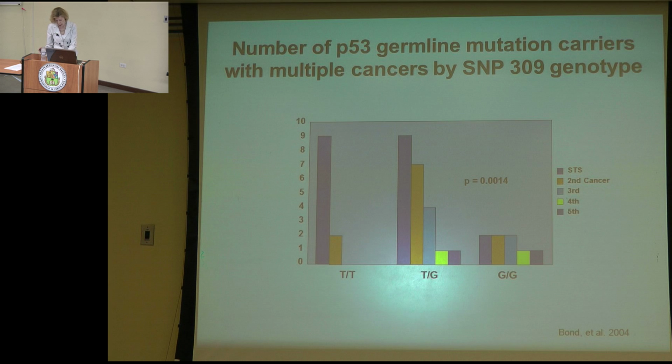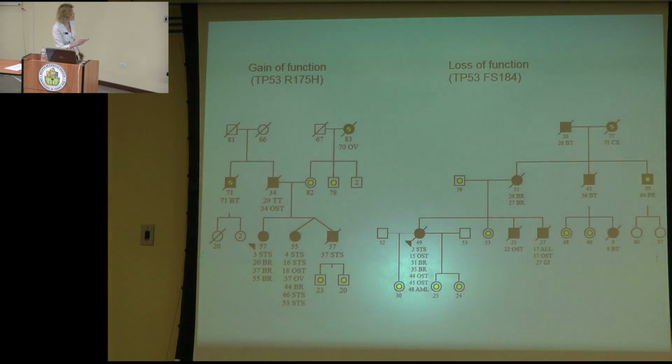And this is perhaps even more dramatic by looking at these same two pedigrees you've seen before, and they're labeled a little bit differently this time. Mutation carriers have the red spot in the middle, and cancer individuals are shaded in black, but a yellow here would mean that they're p53 wild type.